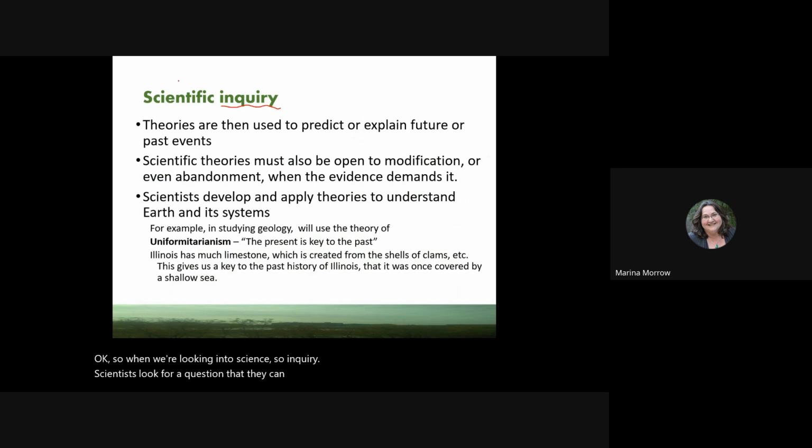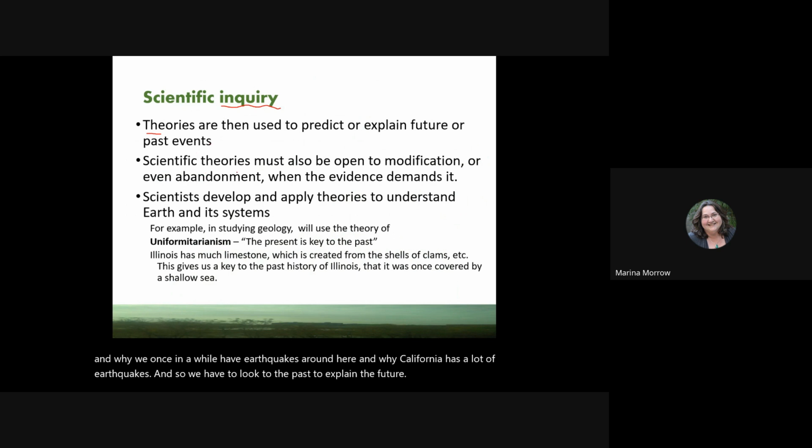And once we have some theories, then we can use those to predict or explain the future, or to talk about past events. So in this book, because we're often talking about the Earth, we're going to be talking about the past, about plate tectonics and how Florida came to be, and why we once in a while have earthquakes around here, and why California has a lot of earthquakes. And so we have to look to the past to explain the future.